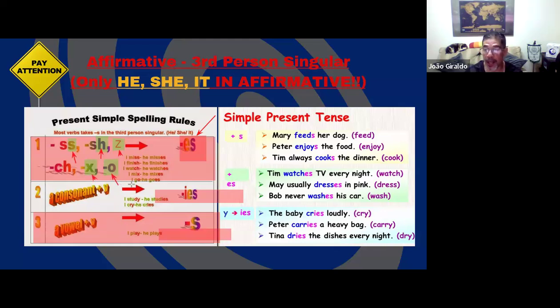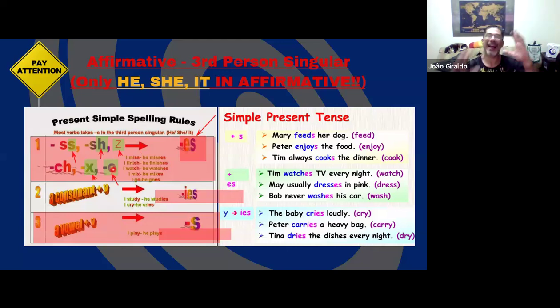Okay? So, for example, the verb to dress. I dress, she dresses. I watch, he watches. I go, she goes, with ES in the end. Okay? And the verb do finishes in O. I do, he, she, or it does.